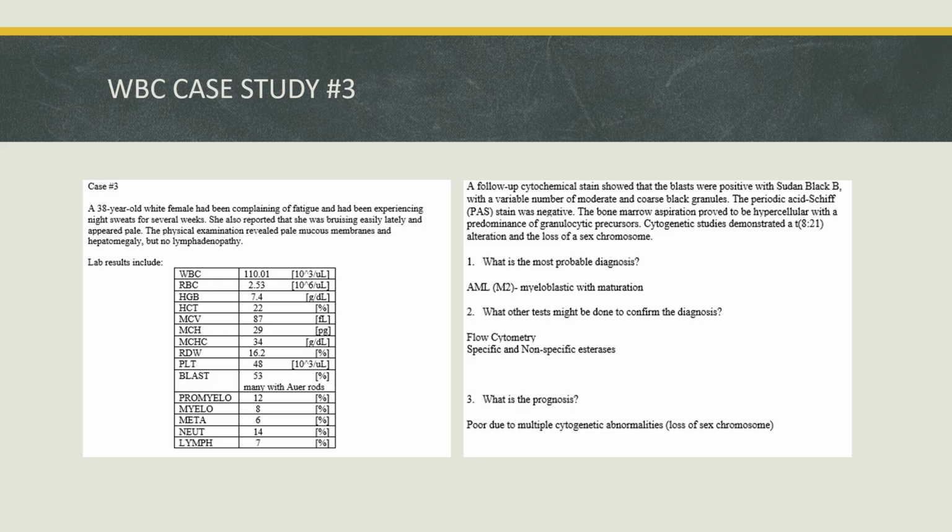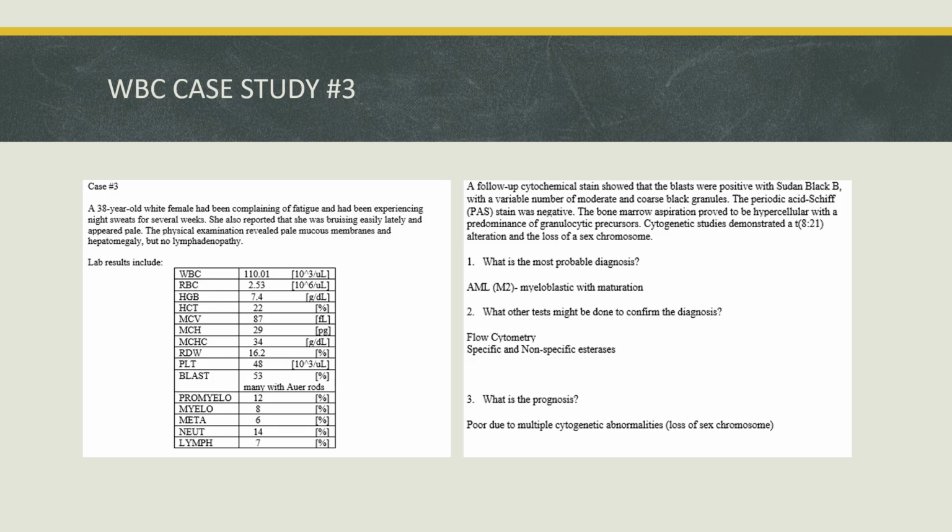Again, what might we do to confirm the diagnosis? So we have a strong suspicion it's AML M2, but we have to prove it. We have to be able to provide testing to definitively support our initial suspicion or diagnosis. So we could do further cytochemical stains.